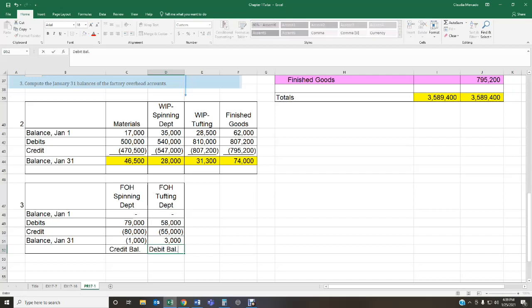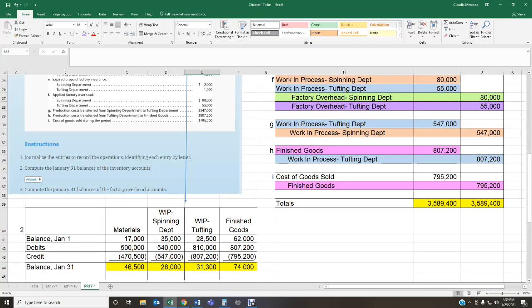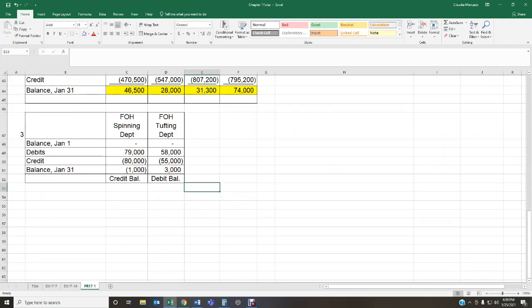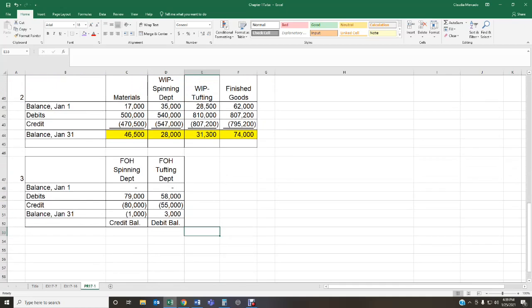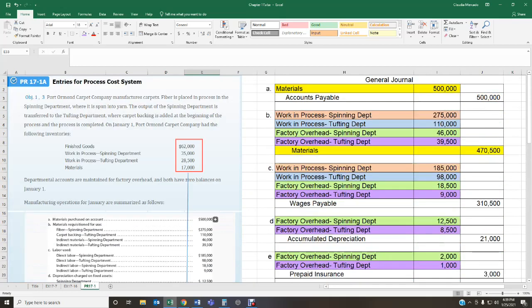Okay, so the third requirement said to compute the ending balance for factory overhead accounts, and these are the ending balances: a credit balance for the factory overhead spinning, a debit balance for the factory overhead tufting. So some adjustments will need to be made to allocate these costs accordingly. Okay, but that's not being requested in the problem.